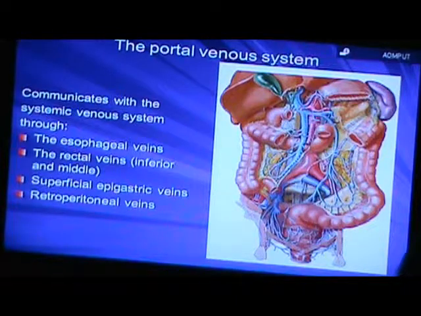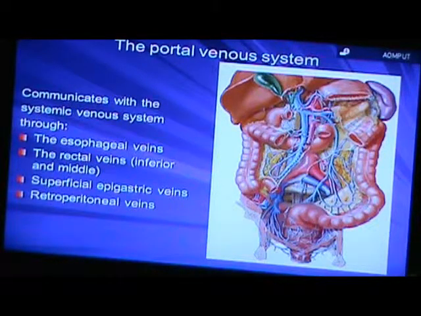The portal venous system communicates with the systemic venous system. Systemic means the inferior vena cava or superior vena cava, so the azygos system. The portal venous system, through the portal vein, communicates with the systemic venous system through the esophageal veins, the rectal veins, inferior and middle.